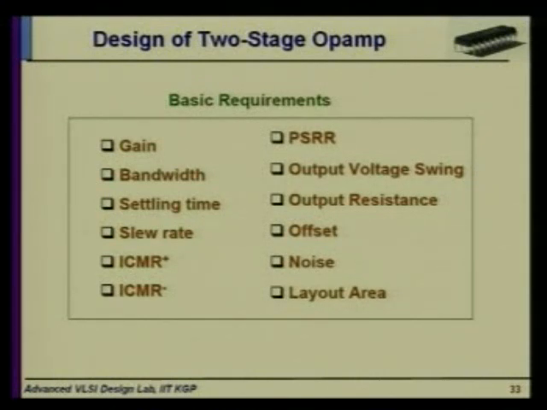Some of this information will be provided in the specification, and the rest you have to find out. The things you are supplied, that is the specification, and the things you have found out, both combined give you the basic requirements for a two-stage op-amp. After your design is completed you should know all these things.